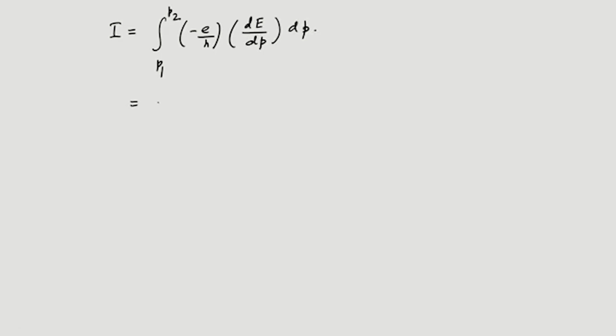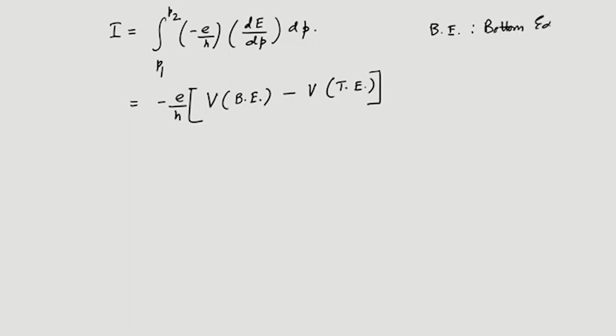And this is nothing but equal to minus e by h, and the potential energy at the bottom edge, BE, minus that at the top edge, TE. Okay. So this is the reason that the current flows, where BE denotes the bottom edge and TE denotes the top edge.